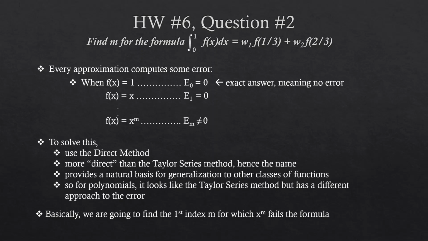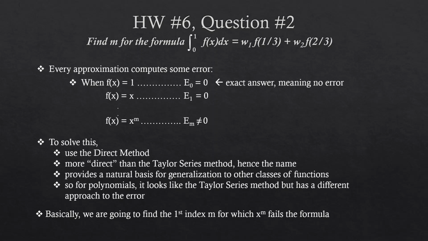Also, I want to note, it does look a little confusing, but how I have it laid out where it says that e sub 0 equals 0, that does mean there's an exact answer. But what I'm trying to show is that it's consistent with the formula.